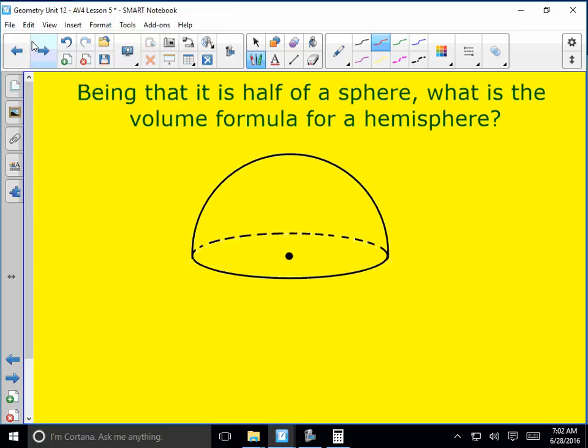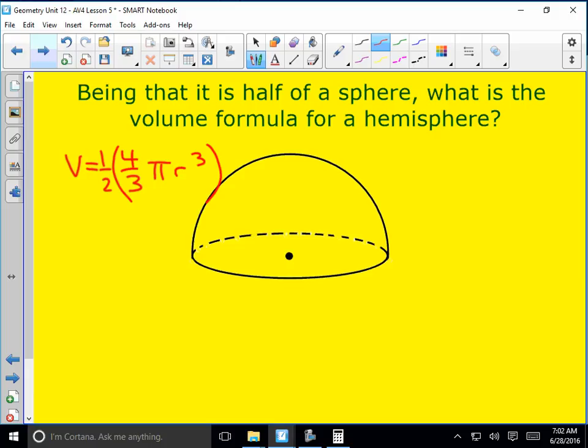Now, when we look at a hemisphere, it is half a sphere. So if we look at our volume formula, the volume equals 4/3 pi r cubed, and all we want to do is multiply this by 1/2.